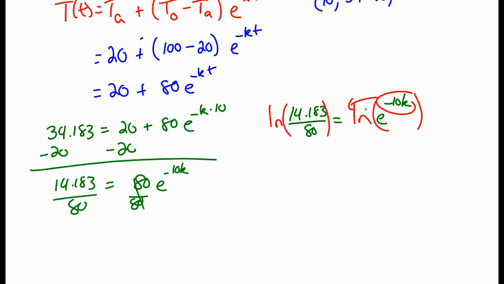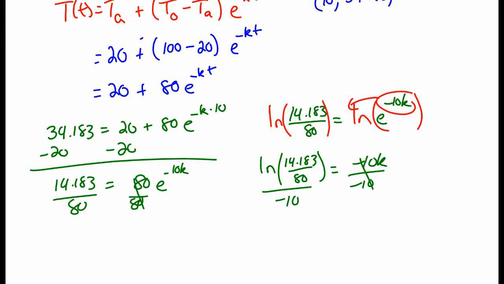That brings my exponent and drags it down front. So I have the natural log of 14.183 over 80 equals negative 10k ln e. But guess what? The natural log of e is 1. Then I divide by negative 10 to get my decay constant k.